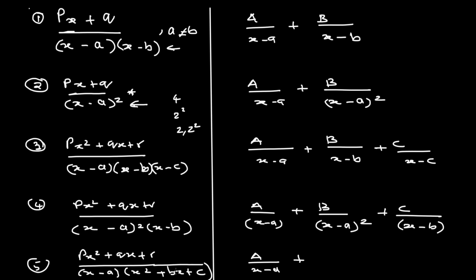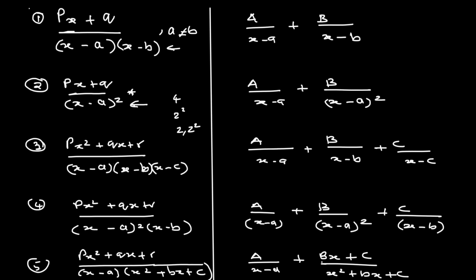It's this one here, x squared plus bx plus c. So we have A over x minus A, then plus Bx plus C over x squared plus bx plus c. Okay, so this is how we decompose this one, because this is still a quadratic. We didn't reduce it. So you see that here we have this, and then we have that. So if we are able to reduce this into factors, then this will come back to an equation like this one. Okay, so these are partial fractions.